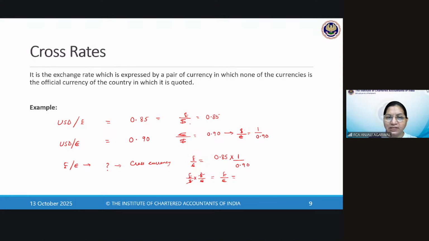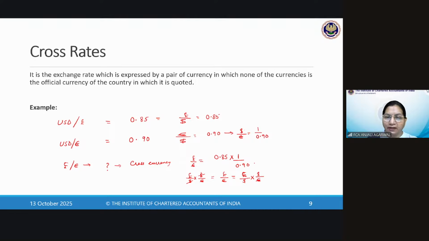But for that, we see that we have dollar in the denominator in both the situations. So we want the euro to be in the denominator. Use this as it is, pound by dollar, and inverse the other one, so it is dollar by euro.